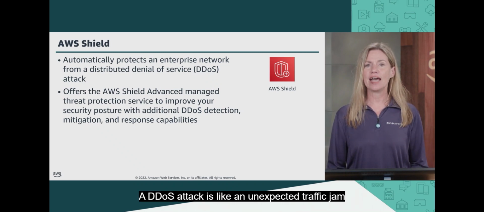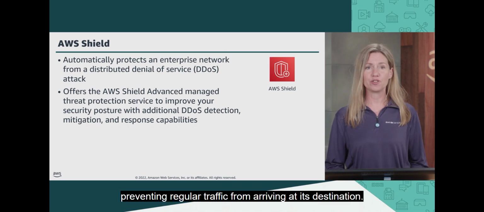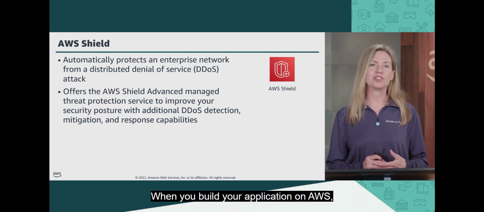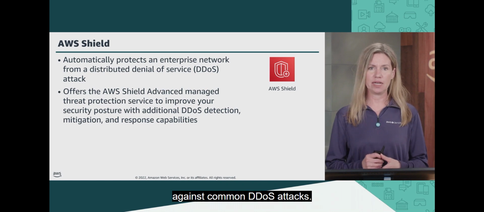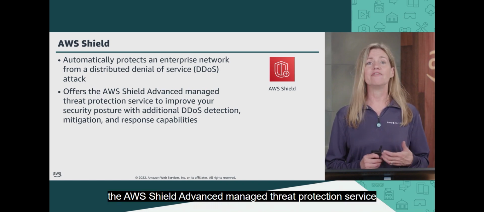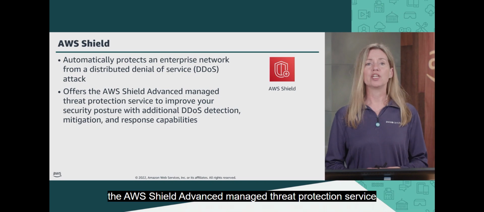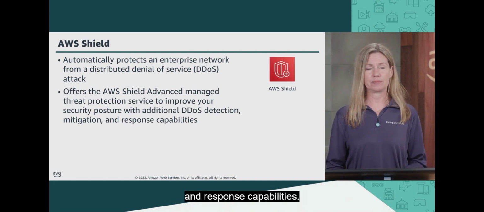A DDoS attack is like an unexpected traffic jam clogging up the highway, preventing regular traffic from arriving at its destination. When you build your application on AWS, you receive automatic protection against common DDoS attacks. Additionally, you can use the AWS Shield Advanced Managed Threat Protection service to improve your security posture with additional DDoS detection, mitigation, and response capabilities.